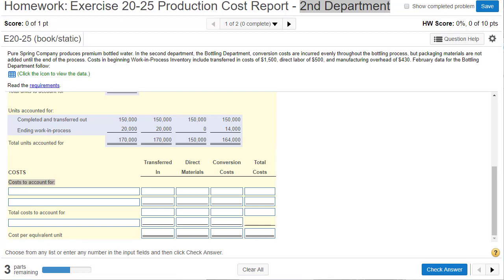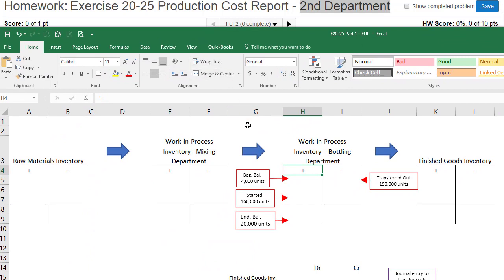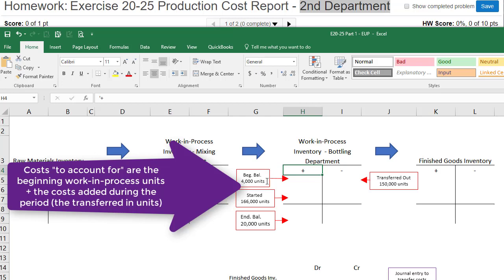So going back to Excel where I've set up the T accounts, remember, costs to account for are the units that were in the beginning balance. In other words, these units were unfinished at the end of the last accounting period and become this period's beginning balance of unfinished units. And then we've got the units that were started.